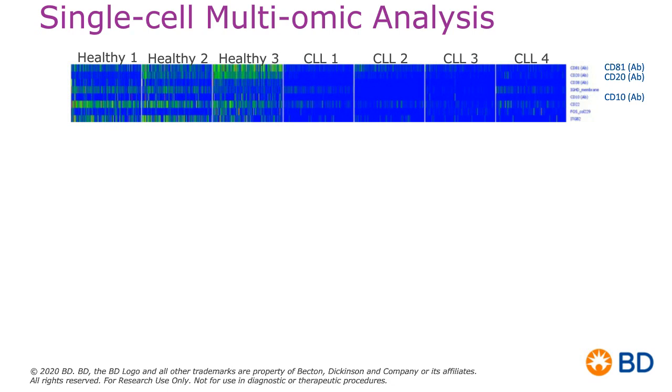This is just a representative handful of mRNA transcripts as well as some AB-seq antibodies that distinguish CLL versus healthy. For example, healthy tend to be positive for CD81, CD20, and CD10, and CLL samples tend to be negative.